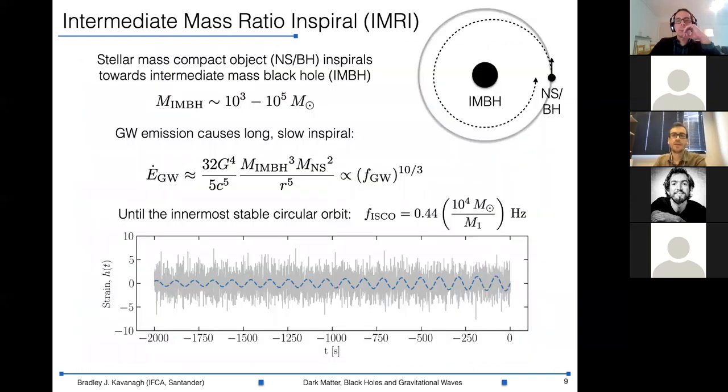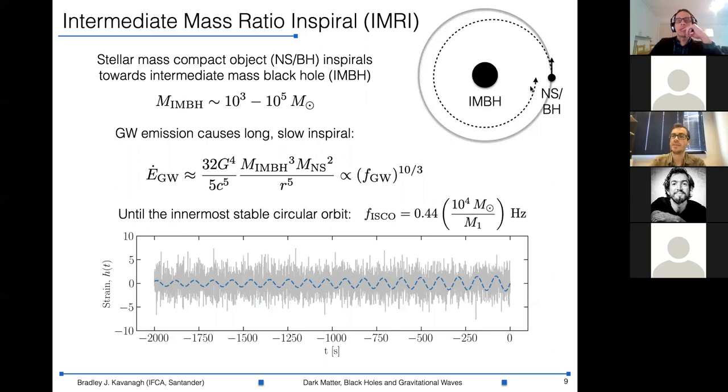Okay, and so the system that I'm interested in predominantly is a so-called intermediate mass ratio inspiral. This is essentially a central black hole, an intermediate mass black hole, so something that has a mass of 10 to the 3 to 10 to the 5, 10 to the 6 solar masses.